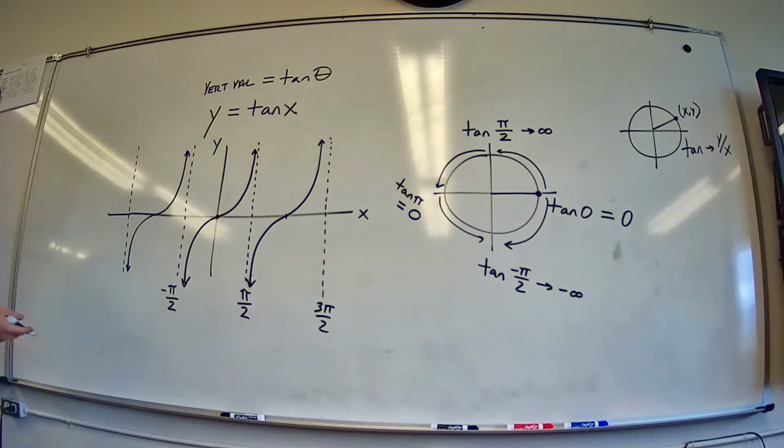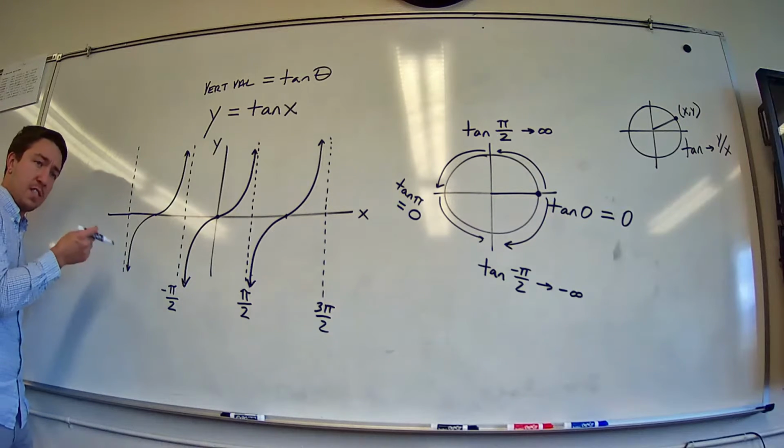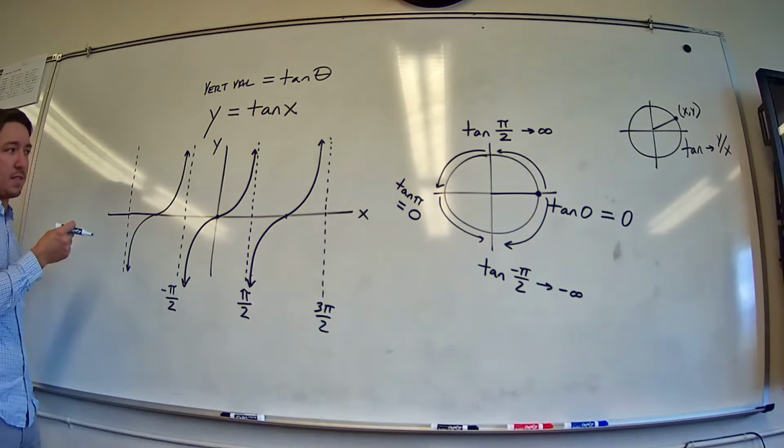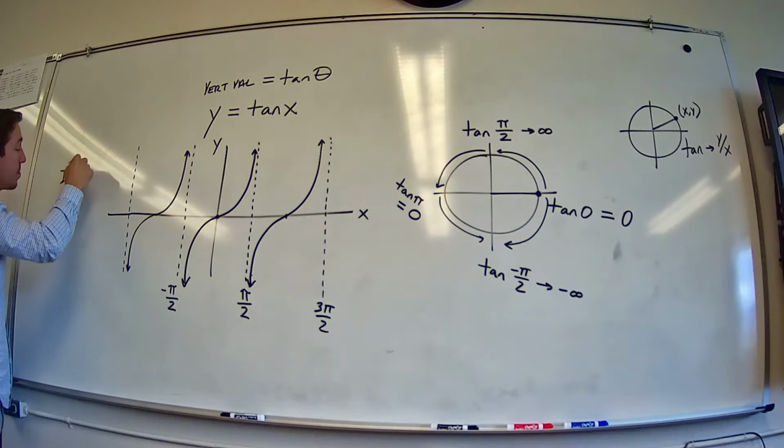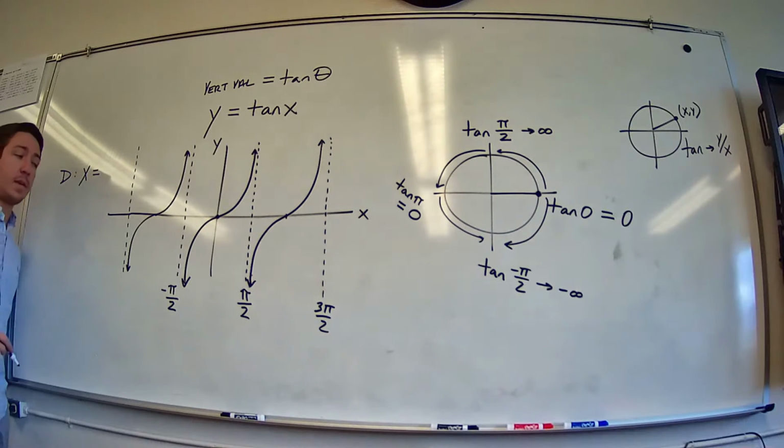Okay. So this function has a lot of differences from the other ones. For example, what's the domain of this function? Not all reals, certainly. Anyone throw out a number that x is not allowed to be?